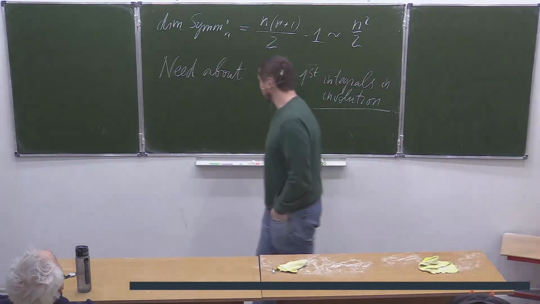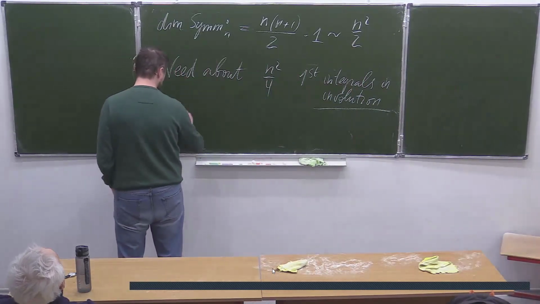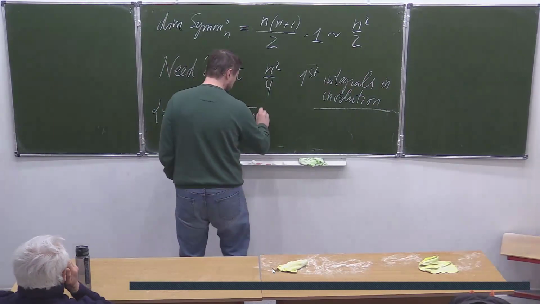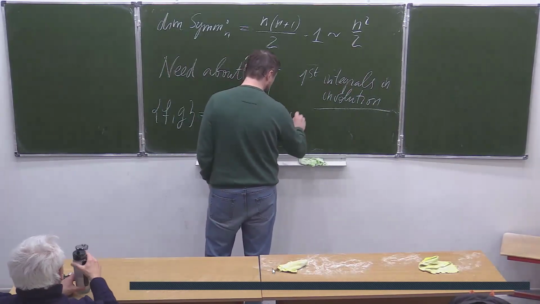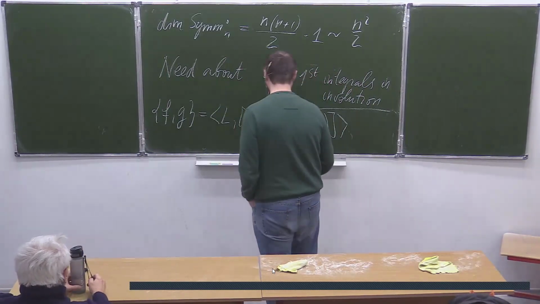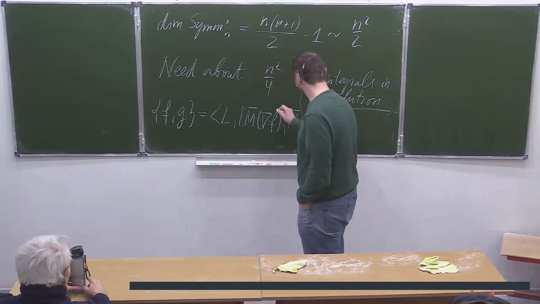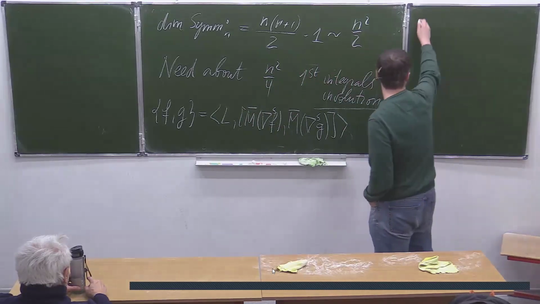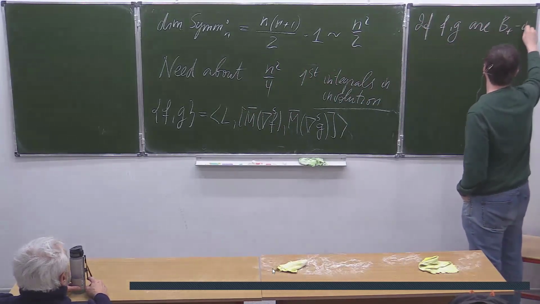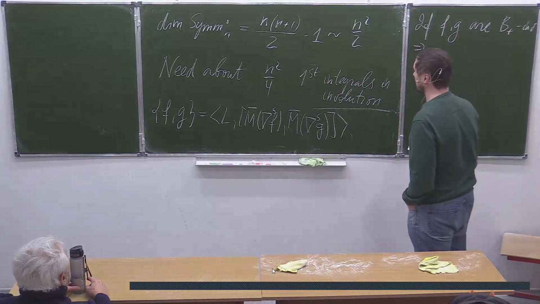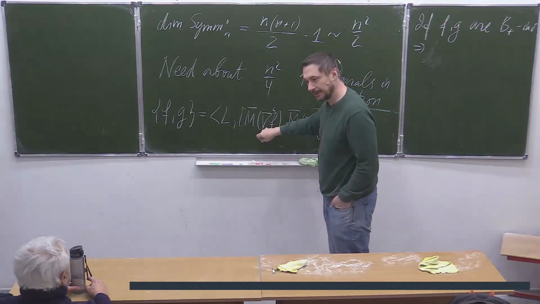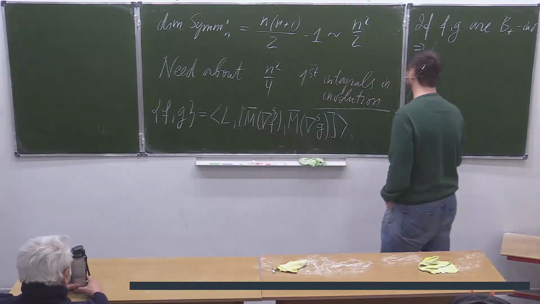Let's look again at the formula for the Poisson bracket: {F, G} equals L, M bar nabla F, M bar nabla G. And this nabla is symmetric in general, but if F and G are B plus invariant, I can show that there is no difference between the symmetric and usual gradient in this case.